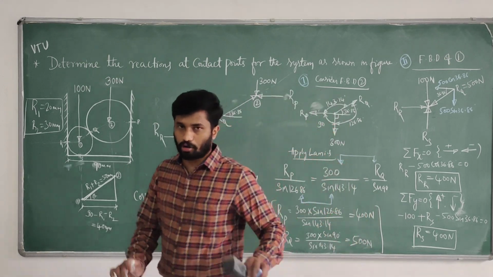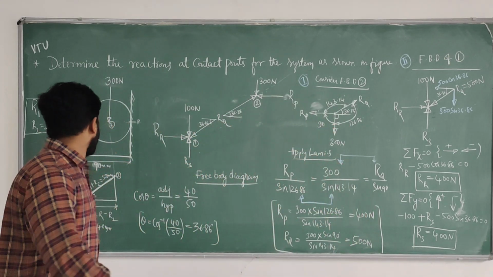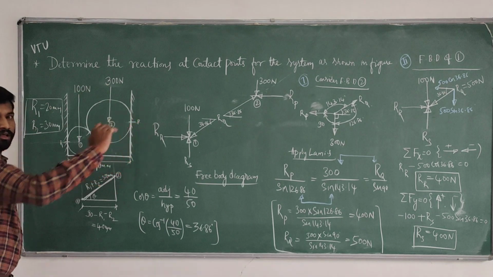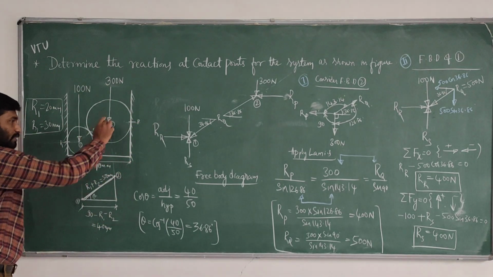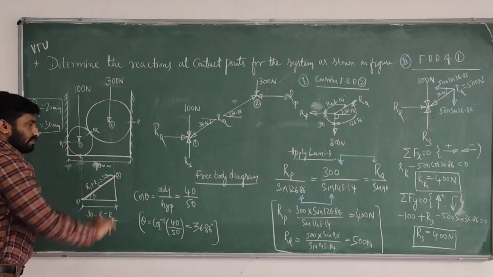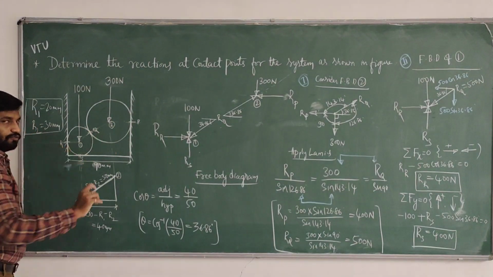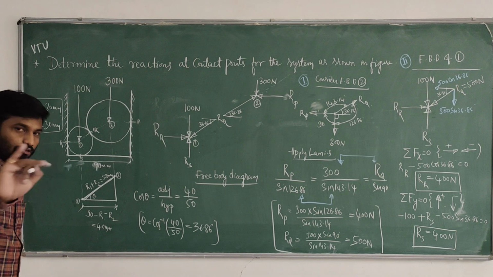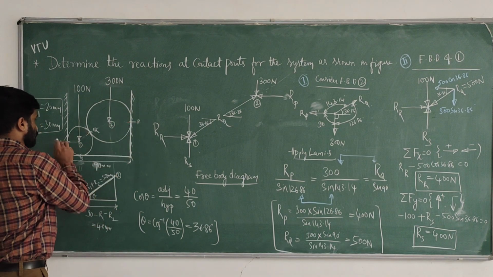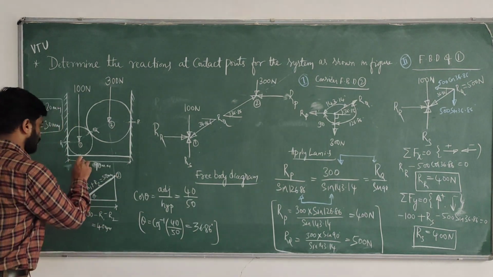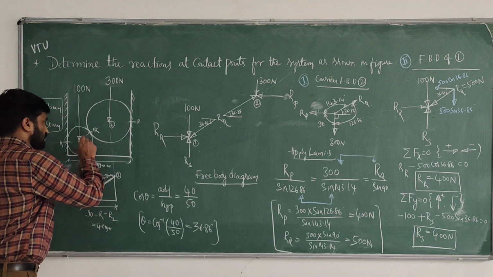This is a very important problem and a very simple problem. First, just observe the given problem. The radii of spheres 1 and 2 are given, loads are given, and contact surfaces are identified as P, Q, R, S, 4 contact surfaces. Out of the 4 contact surfaces, 2 are purely horizontal, 1 is purely vertical and 1 is inclined.